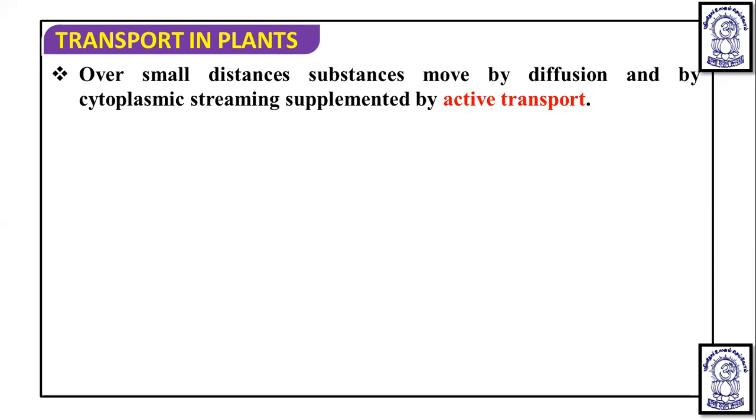And over a small distance, substances move by diffusion and by cytoplasmic streaming, and that is supplemented by active transport. So actually the transport is of two types: short distance transport and long distance transport. Here first we are going to talk about short distance transport.